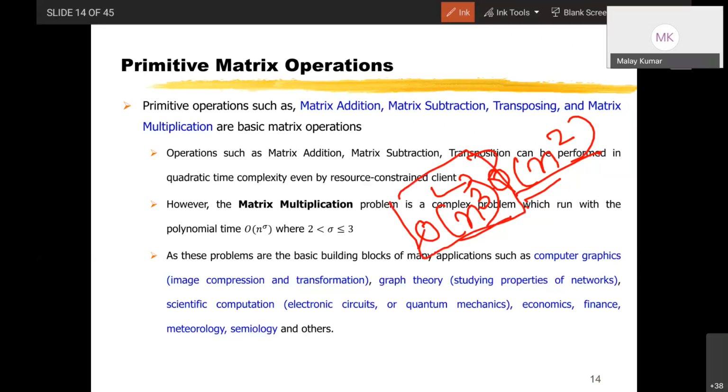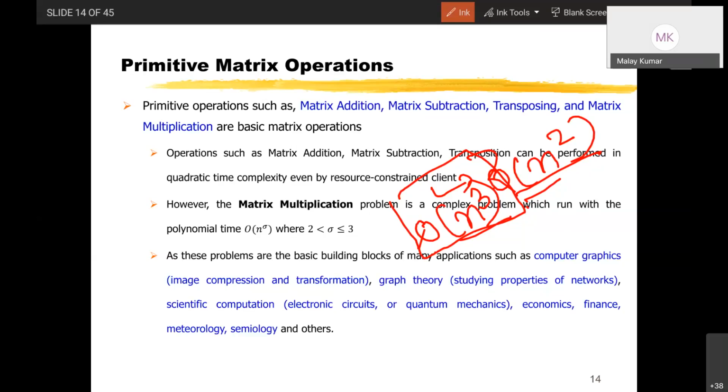You can even check on your personal devices: if you try a matrix of 10,000 cross 10,000, it is most likely that most of the systems we are using cannot execute such a computation, and a fault is very possible.